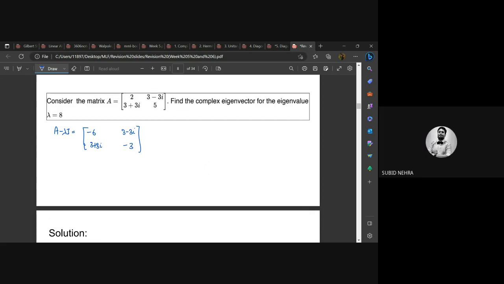Ma'am, the sum of diagonals is equal to the sum of eigenvalues. The trace of a matrix is the sum of eigenvalues. So the other eigenvalue is what? We can calculate that it would come out to be -1. But the eigenvalue is given here to be 8.